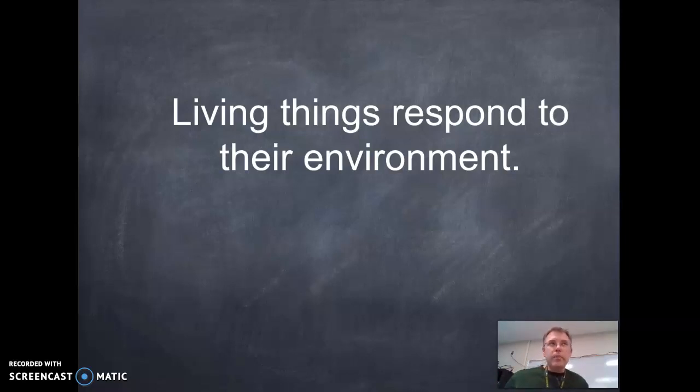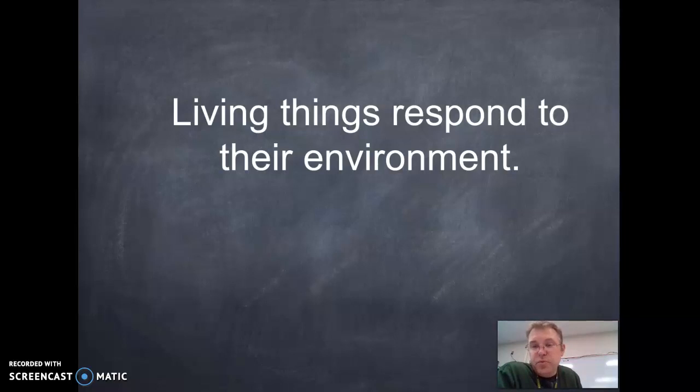Okay. But if we're looking at a plant responding to its environment, if you guys have ever noticed a field of sunflowers during the day, the heads of those sunflowers are actually going to move and they're going to follow the sun. It's called phototropism. It's a movement, it's a growth in response to the sunlight. You can also see this if you plant a seed in the ground, the roots grow downwards towards gravity.